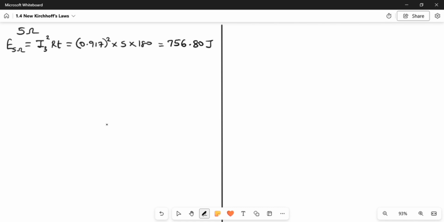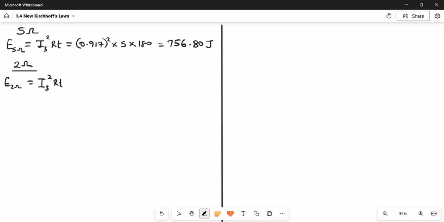For the 2 ohm resistor, the energy is I3 squared, because the current passing through the 2 ohm resistor is I3.